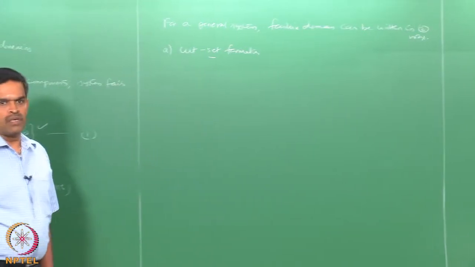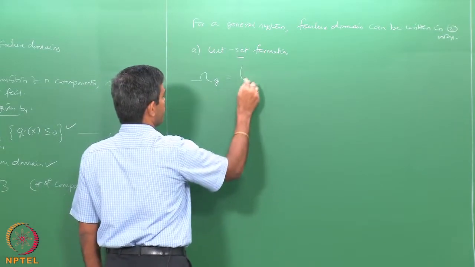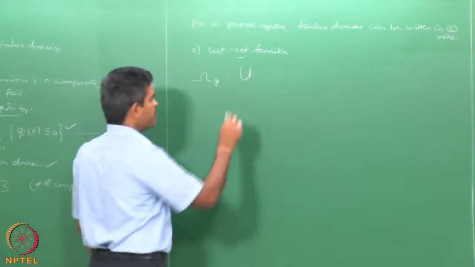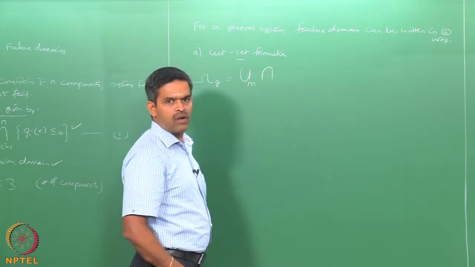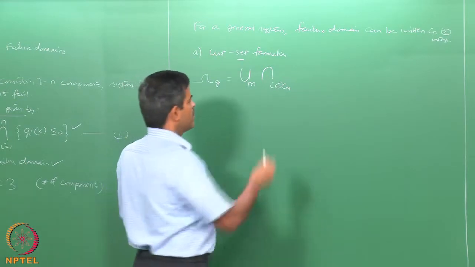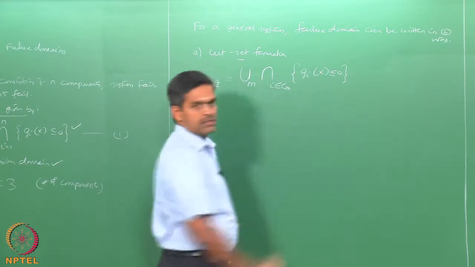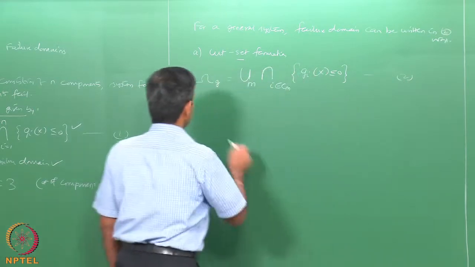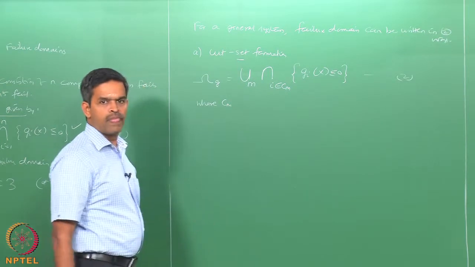For the cut set formulation, the failure domain is given by the union over m of the intersection over i element of Cm, with the failure function Gi(x) less than or equal to 0, where Cm is the mth cut set.